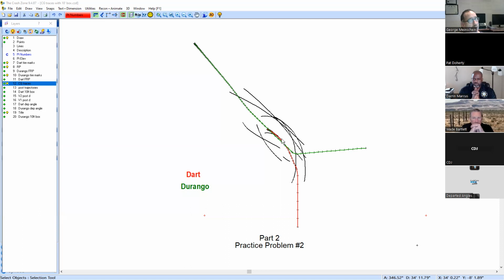What those are from, when I ran this practice problem through a simulation, either McHenry's simulation or RecTech, I forget which one now, is that I took the output of that simulation and asked it to give the output to me in 0.033 second intervals. So that's like 30 frames per second.